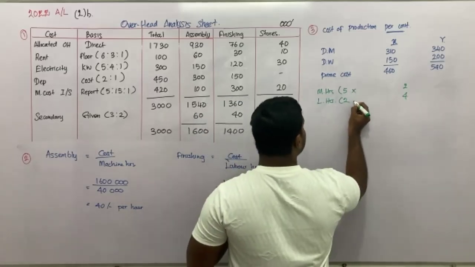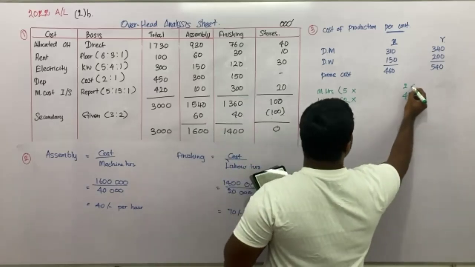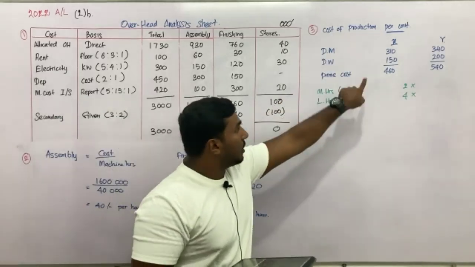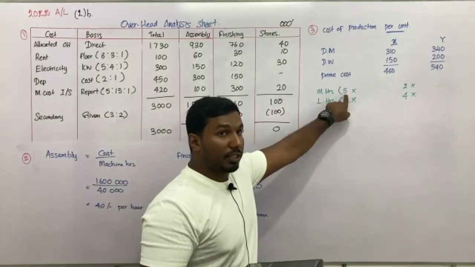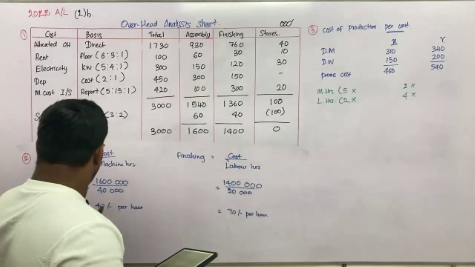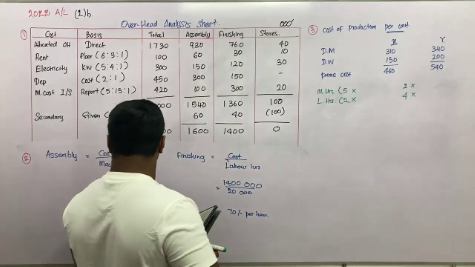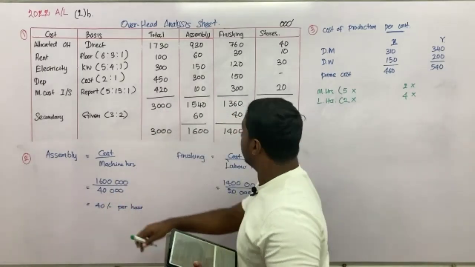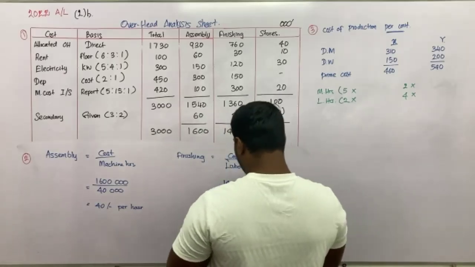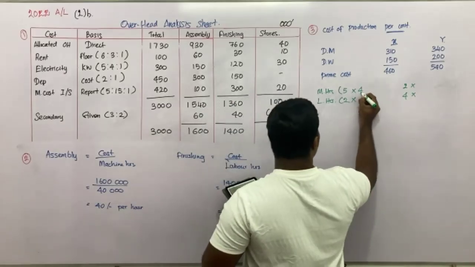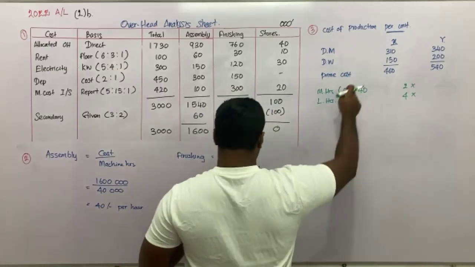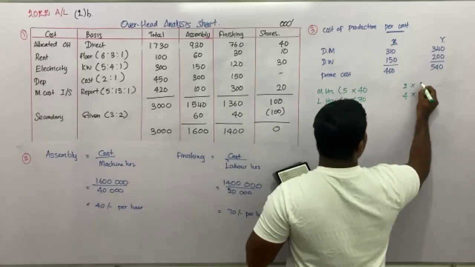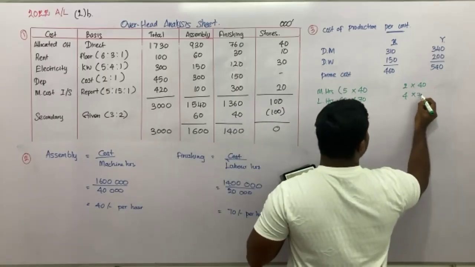Okay. So for the product X, 5 machine hours is used. Per hour we spend 40 rupees, since this is the machine hour rate. Okay. So 40. Labor hours 70 spent. Likewise 40 and 70.